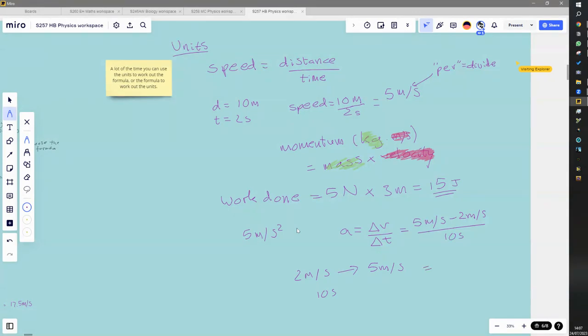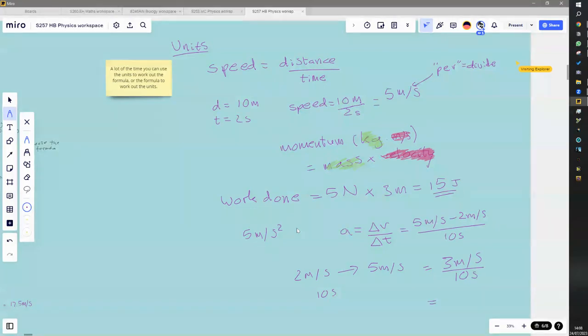So that's going to be equal to, using the same sort of thing as before, 5 minus 2, and we can take m/s as a common factor, or think about it the same way as in maths, collecting the like terms on the top. So 3 m/s, and then divided by 10 s.